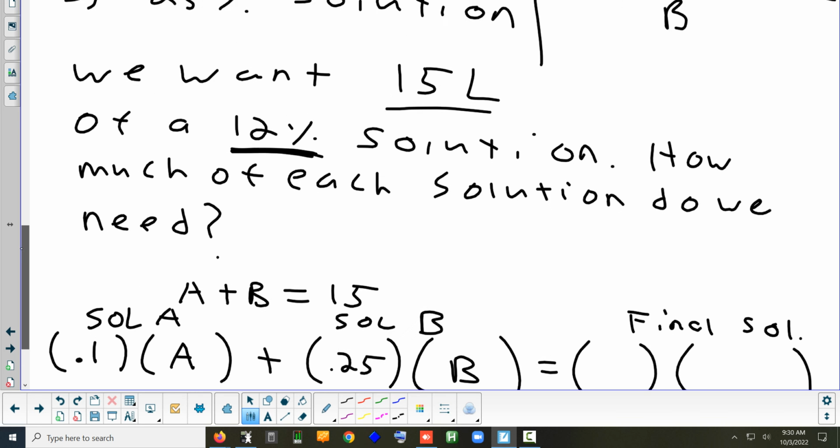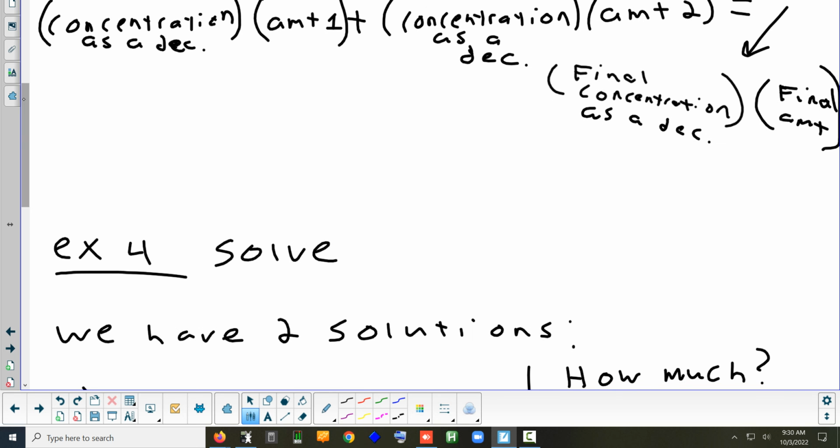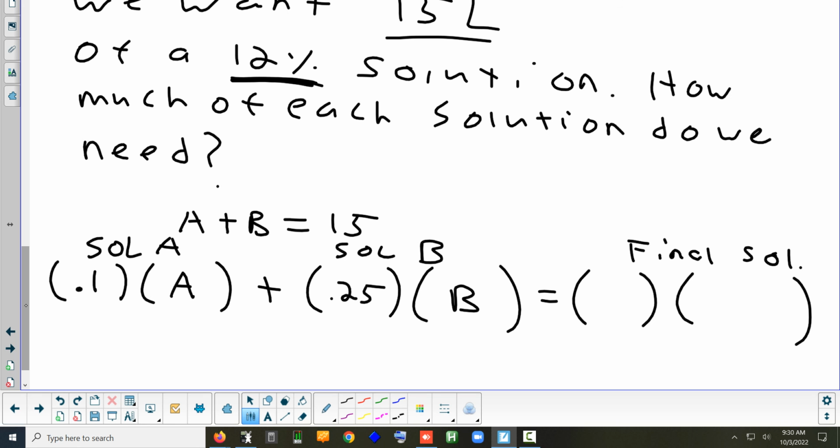Now the final solution. What's the final concentration that they want us to get as a decimal? Would it be 0.25AB? I mean, the number we're going to fill in right here. What's the concentration of our final solution they told us?